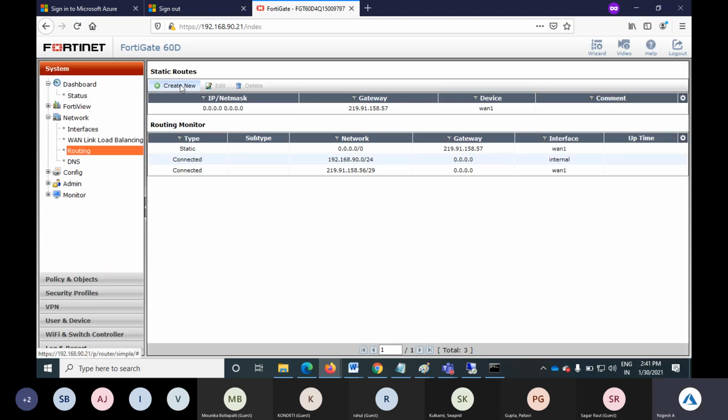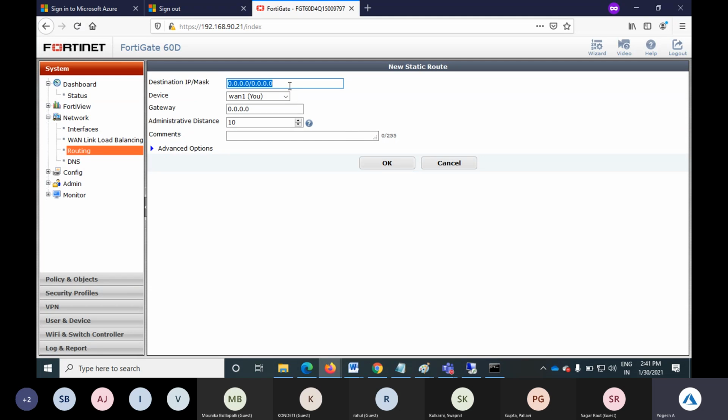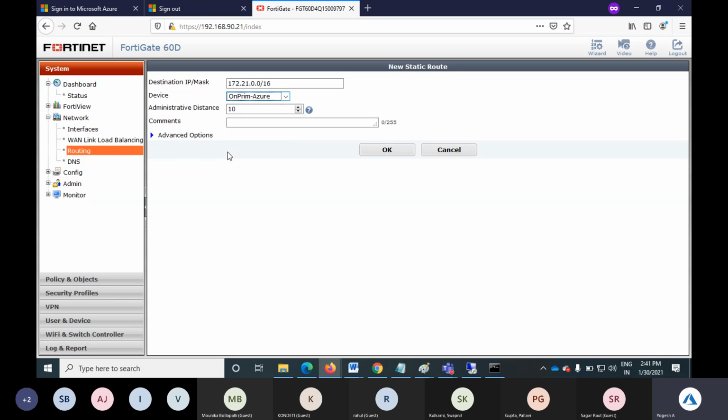Under the routing, let's create a route. So my destination network will be 172.21.0.0/16, and all the traffic will route via that particular tunnel, on-prem to Azure. So, okay.